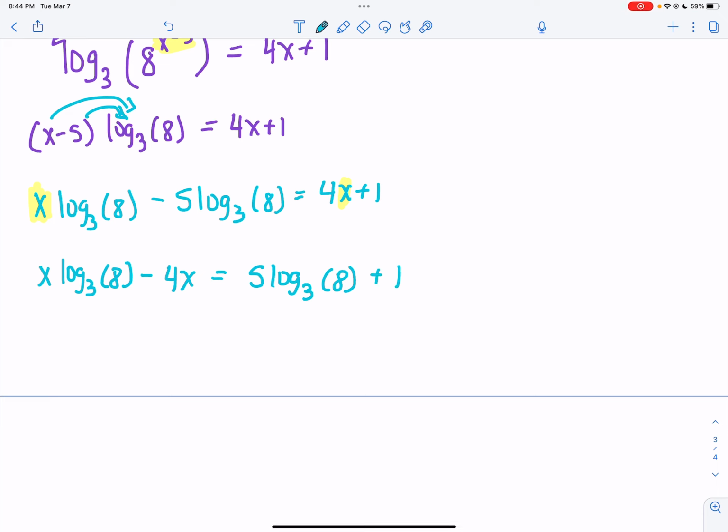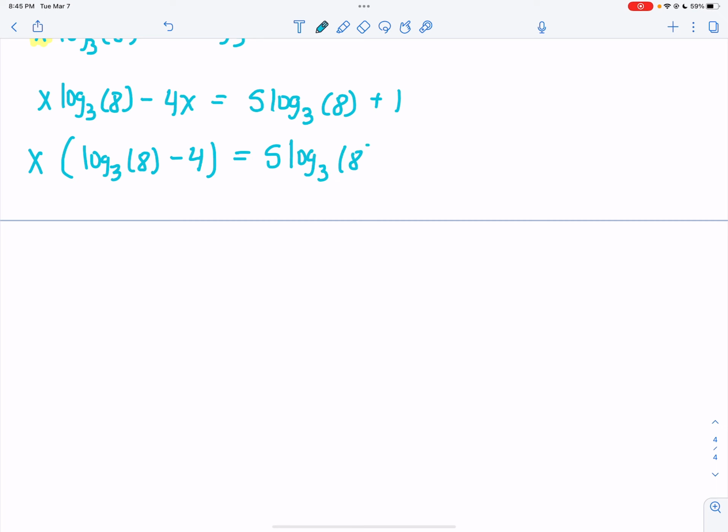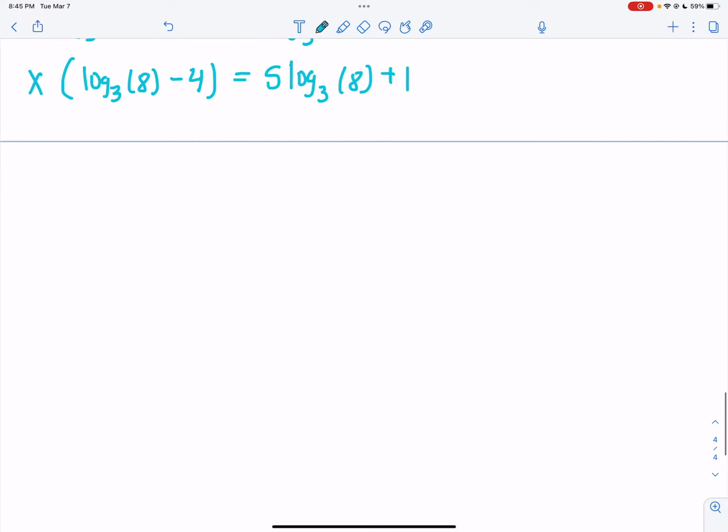At this point, I want to solve for x, right? So I want to make sure that I have 1x. Right now I have 2 x's, so in order to get 1x, I am going to factor out an x. So now, if I factor out an x, I'm left with x, parentheses, log base 3 of 8 minus 4. And then my right side is still the same thing. Once I get to this point right here, I'm finally free.